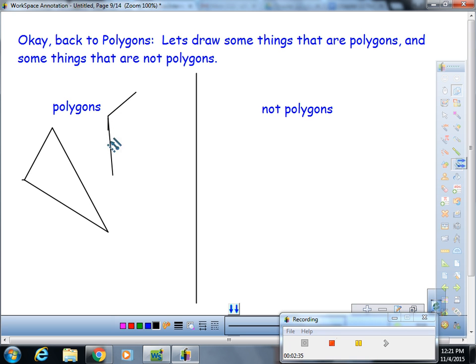I need to sync this thing. Bam. Polygon. Those are all polygons.